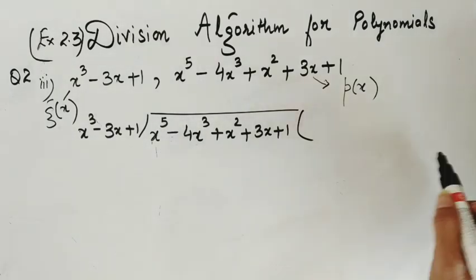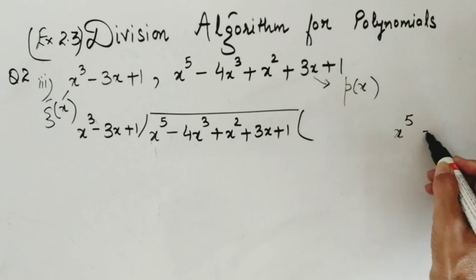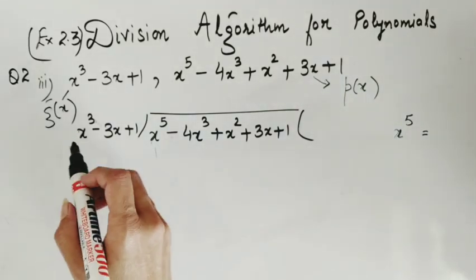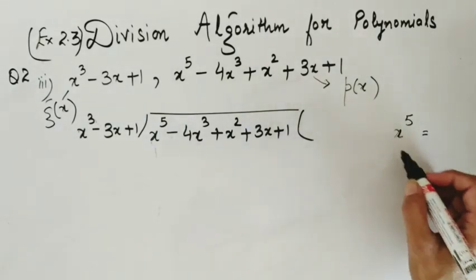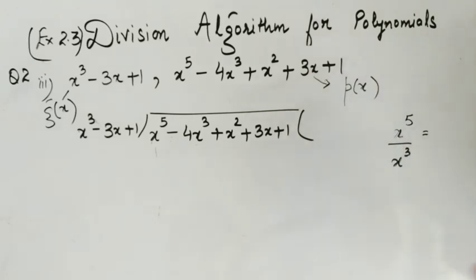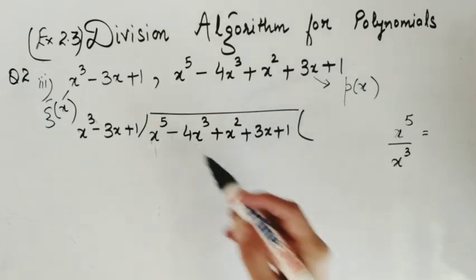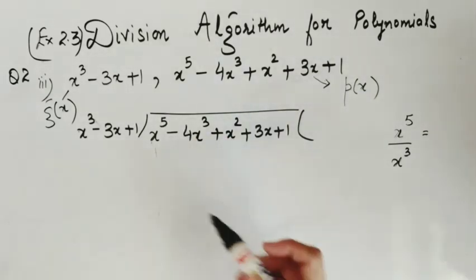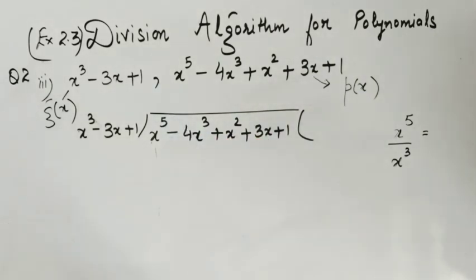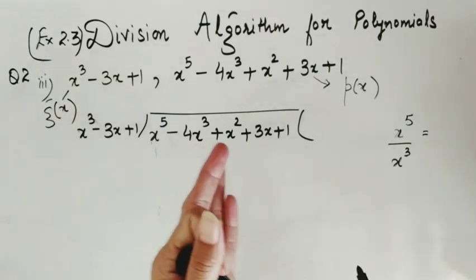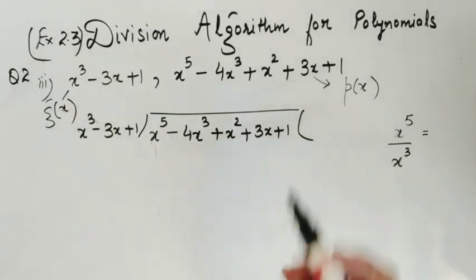Over here the first term is x raised to power 5 and in the divisor it is x cube. So you just divide both the terms, and you will know the first term in the quotient, because we want to eliminate the very first term and then step by step move and reach the last one.